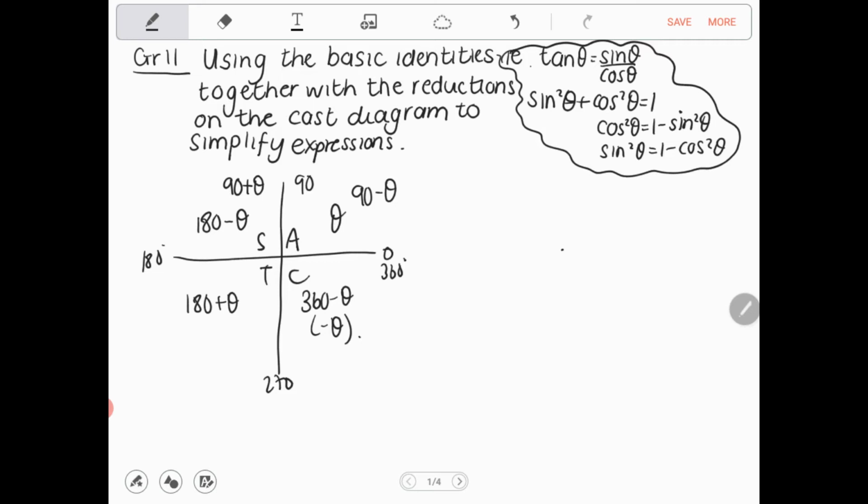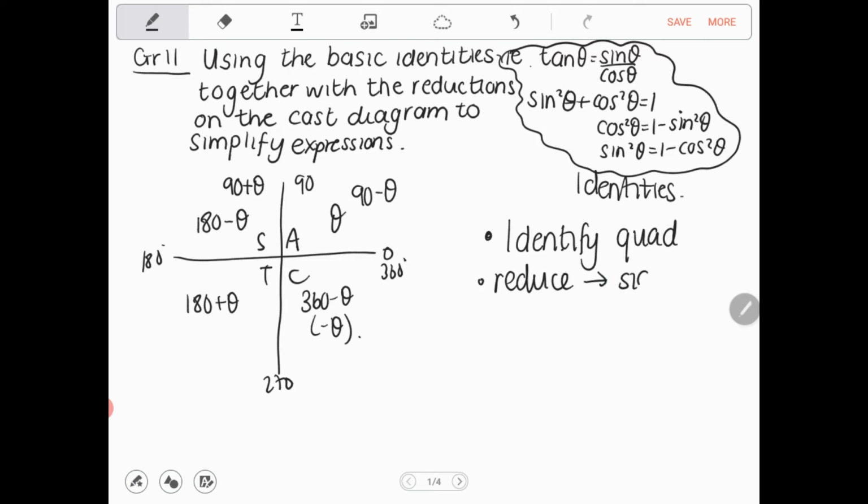So we're going to use the cos diagram, the identities, and we're going to identify the quadrant. We're going to reduce, remembering your sign. You're going to watch out for your co-ratios.